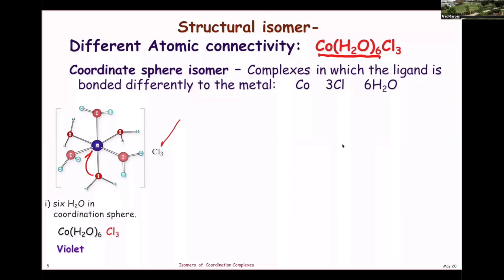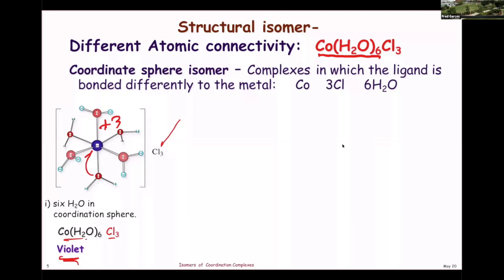If the cobalt here is +3, water are neutral ligands, then in order for this to be a neutral molecule, you need 3 chlorides to balance the +3 cobalt. So that's the formula. It's got cobalt, 6 waters, and 3 chlorides. And this compound, if you isolate it, is a violet color.